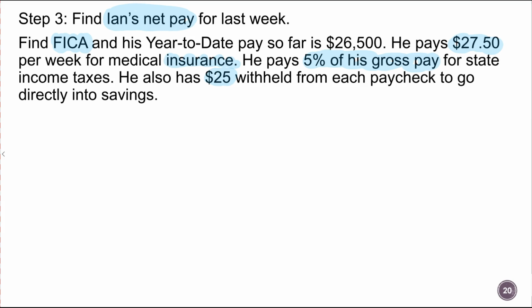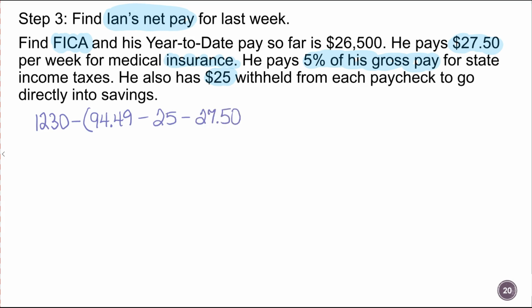Okay. Now, we go back here to his gross pay. So basically, we're going to take his gross pay and subtract all these different things that we find. Now, we already know his FIT is $94.49. Okay, we know he's going to be taking out $25 per week and $27.50. So let's go ahead and put those on there.